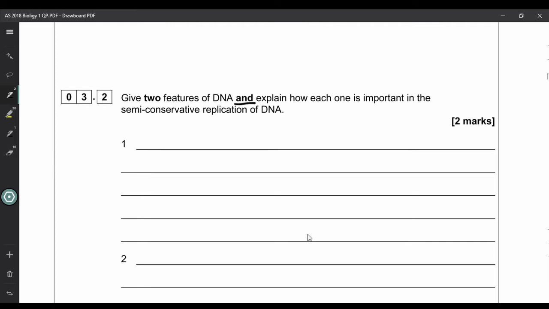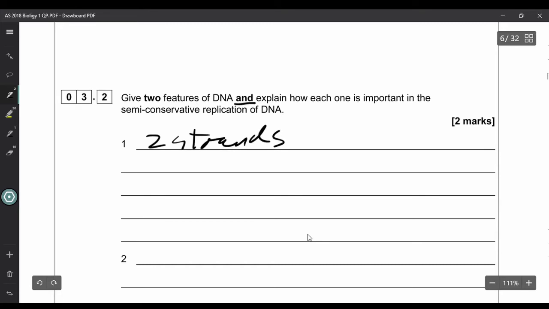So something that many students put down is there's 2 strands, but they didn't explain how that's important for semi-conservative replication.